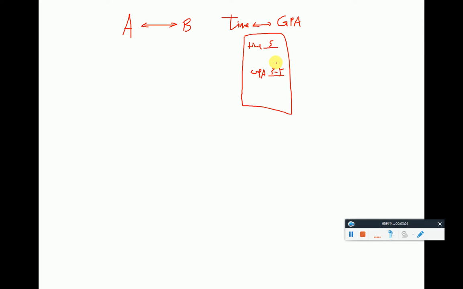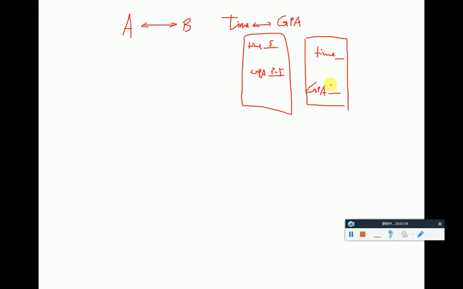Isn't that a sequence? Well, we actually mentioned that yesterday, right? You can easily imagine a different scenario. That is, again, you have these two variables arranged as if the variable time comes before the variable GPA, but it is very possible that the real psychological mechanism is like this, right?